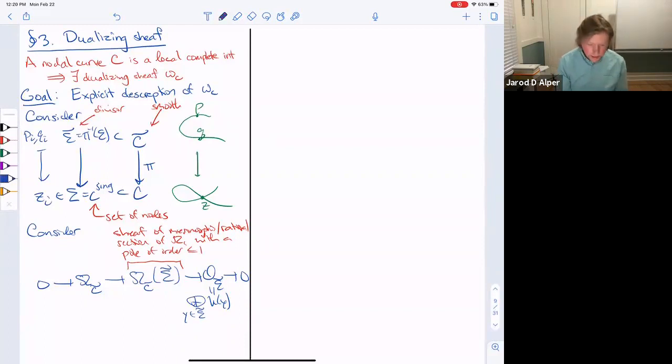What this map does is take a section, and if you evaluate it at a point y, you get the residue of the section S at the point y. If you want, you could take this as the definition of the residue.